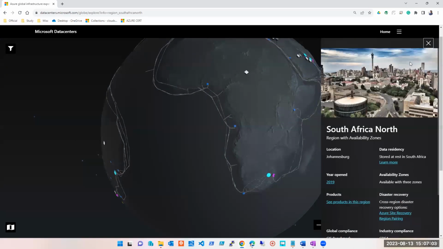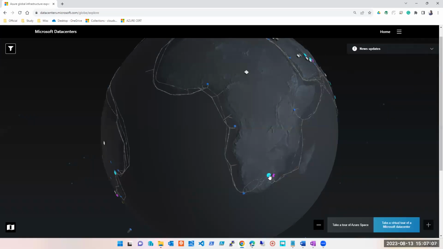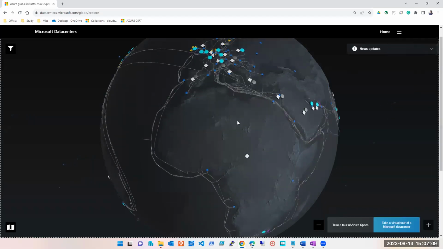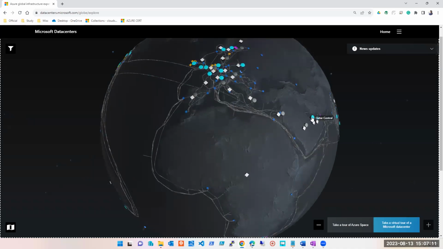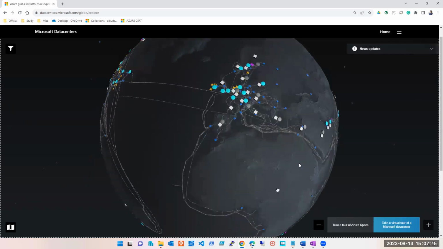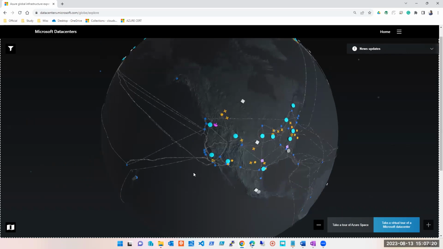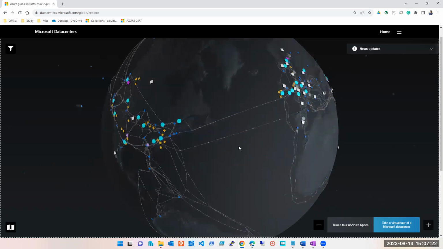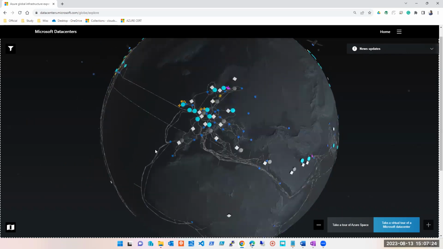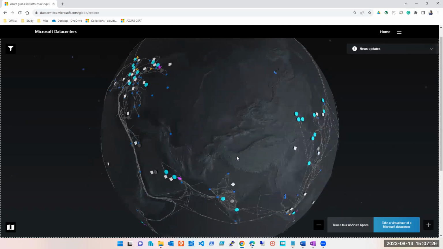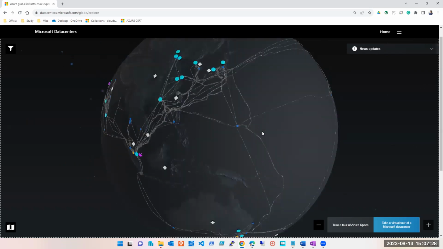So anyone in South Africa who wants to use it will have to use only this region. It's better for them to select India's region or Qatar or some other region, but at least they have one region. Maximum regions you will obviously see in the US, right? But that is not important, and no one is going to ask you how many regions are there in India or how many regions are there in the US.